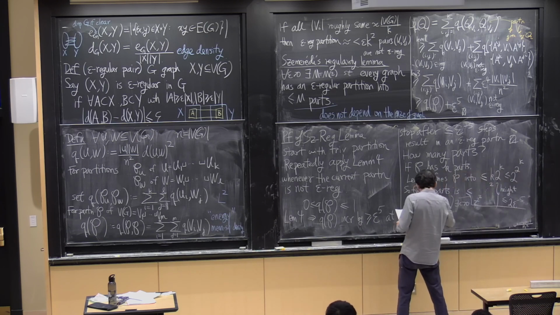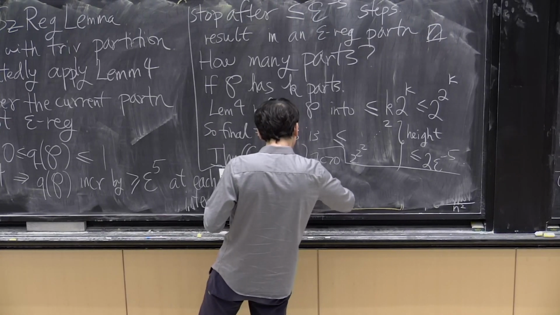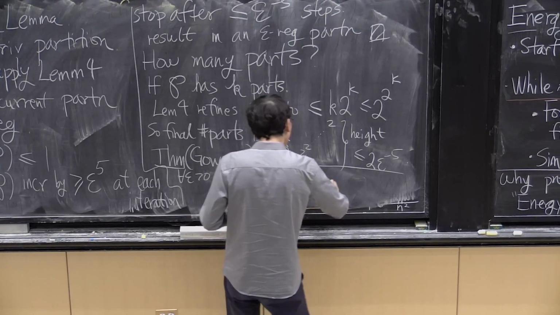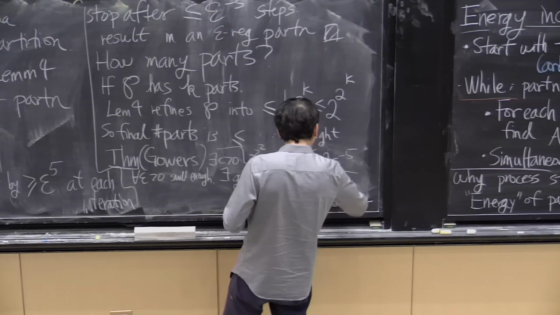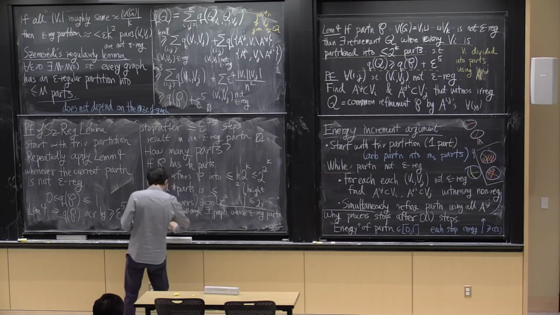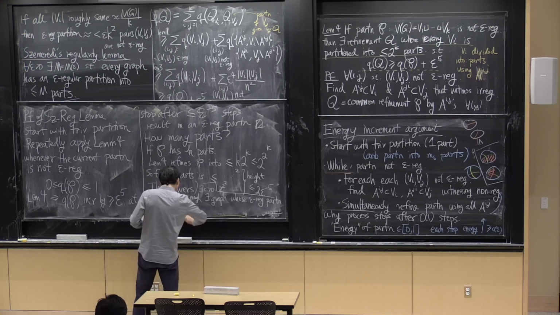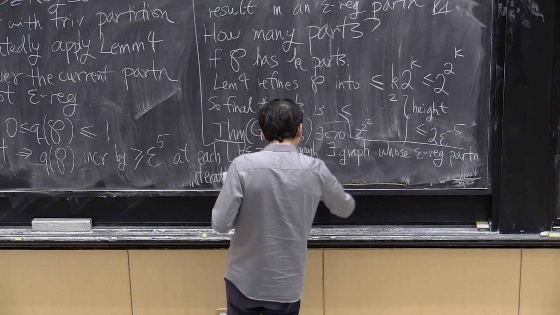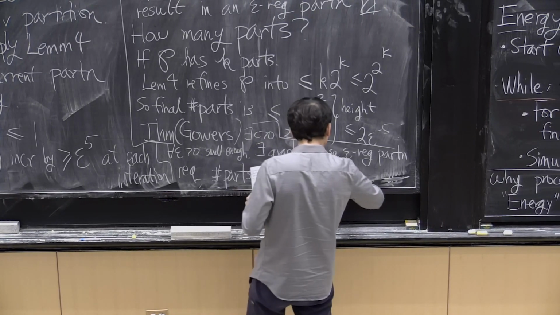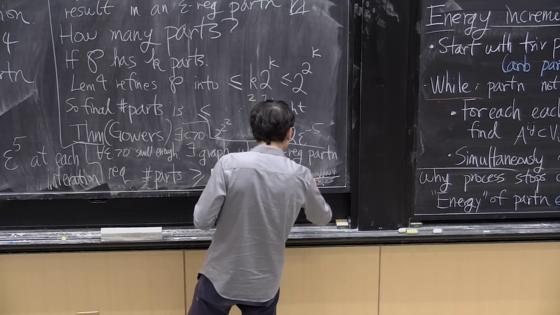So for every epsilon, let's say small enough, there exists a graph whose epsilon-regular partition requires at least this many parts: a tower of 2's of height some epsilon to the minus c.